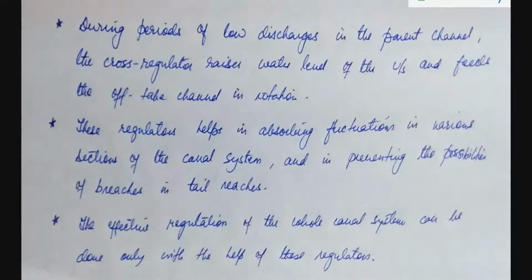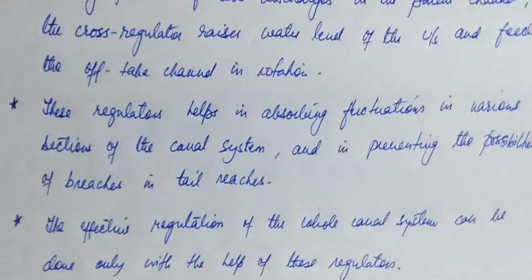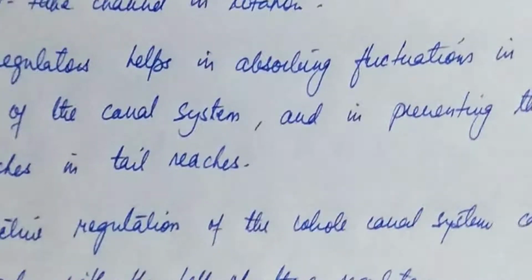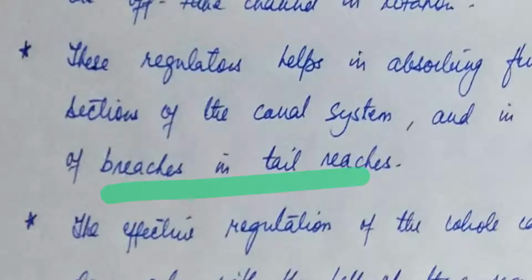Some more of its uses: during periods of low discharge in the parent channel, the cross regulator raises the water level upstream and feeds the offtake channel in rotation. And these regulators help in absorbing fluctuations in various sections of the canal system and in preventing the possibilities of breaches in tail reaches.